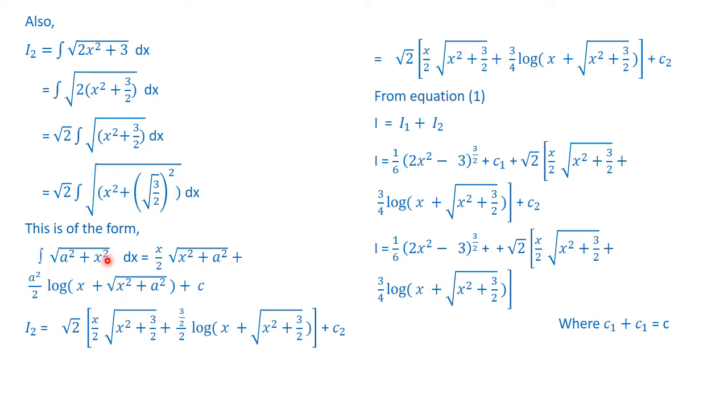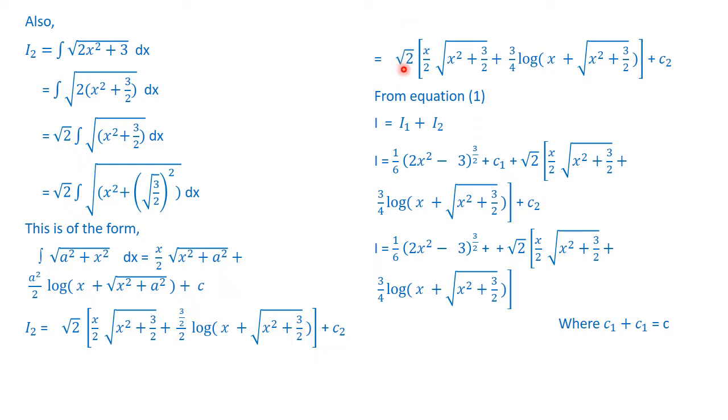So here x is same but a is equal to root 3 by 2. So substituting the value, root 2 is already there. It is not in the formula, it is already there. In the bracket, x by 2 under root a square plus x square, that is, the root gets removed, plus a square, again 3 by 2 upon 2 into log of x plus under root x square plus 3 by 2, plus c2.